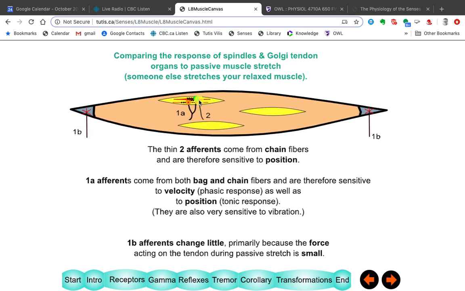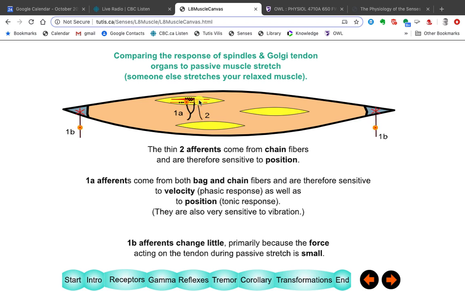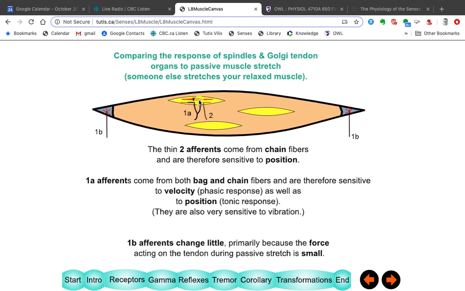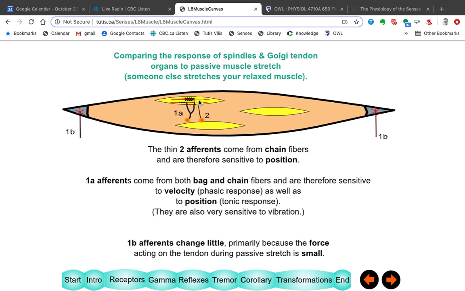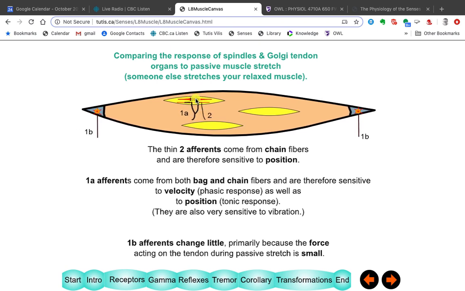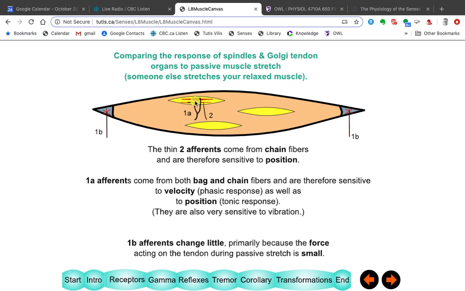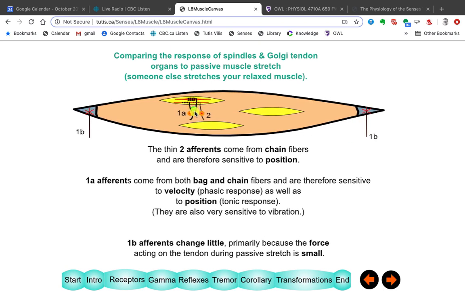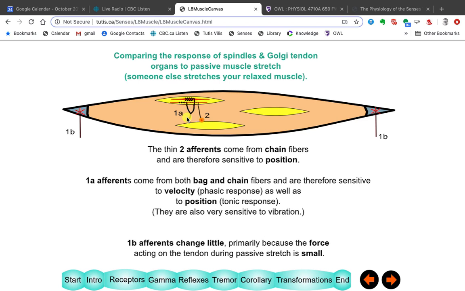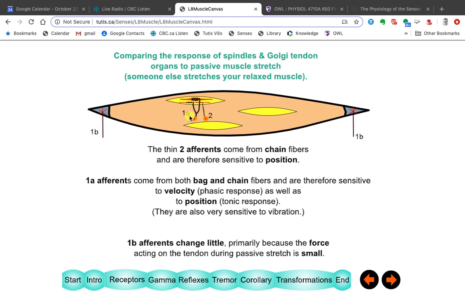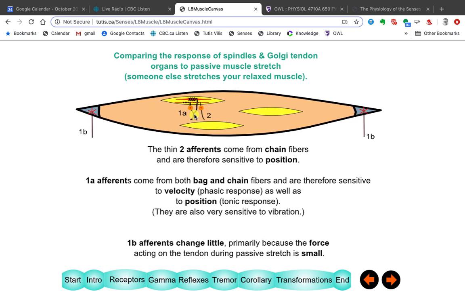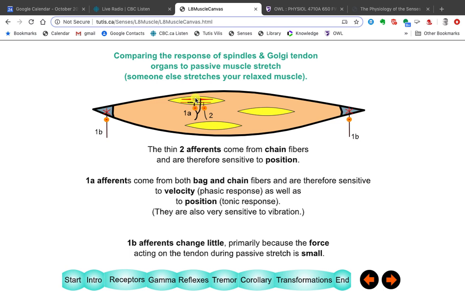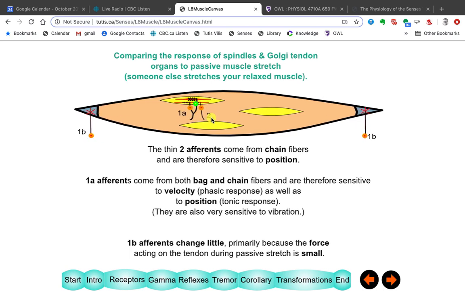You also see these green dots coming out, and you can see that those green dots come out only during the stretch. And that innervation for the green dot comes and joins the 1A fiber. So the 1A fiber fires both for position and velocity because it's attached to both fibers.